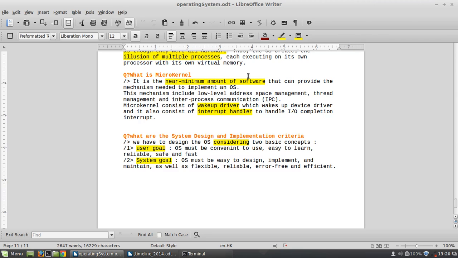This minimum amount of software is the microkernel. The mechanisms include low level address space management, thread management, and inter-process communication. All these things are done here.